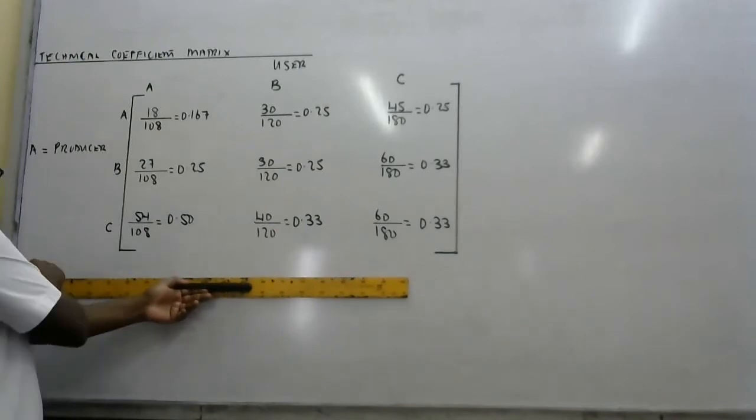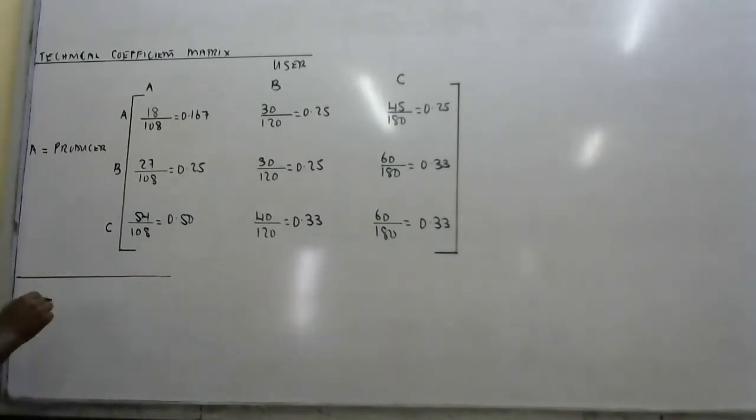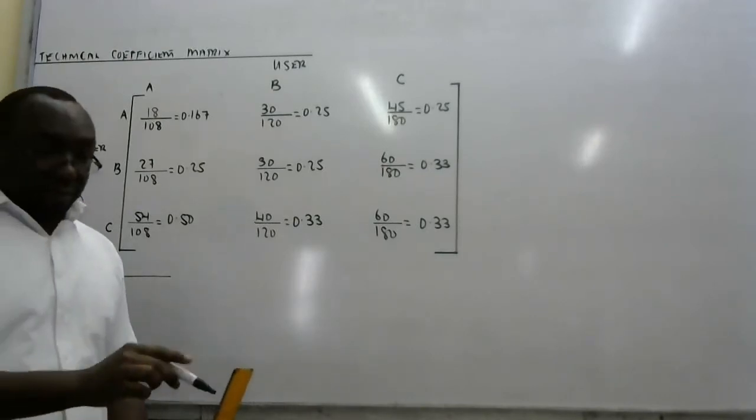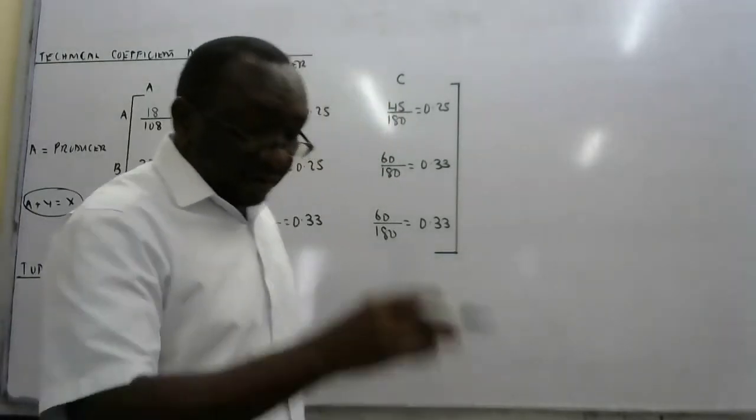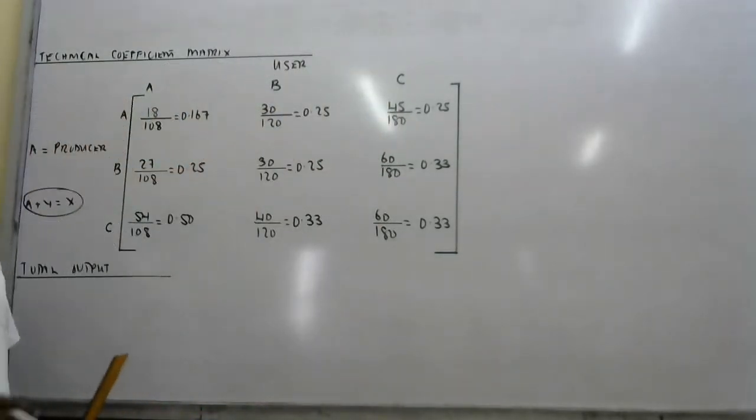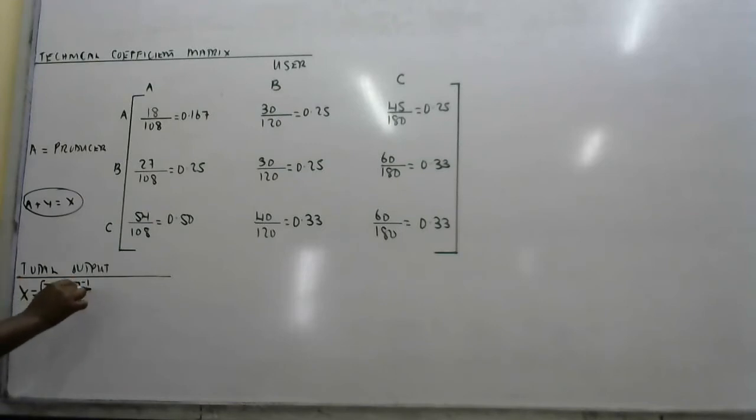One is the one we said A plus Y is equal to X. And this is when the values are given in whole numbers, like is the case in the question there. But if you have new values and you have ratios, then we say X is equal to I minus A inverse, you multiply by Y.